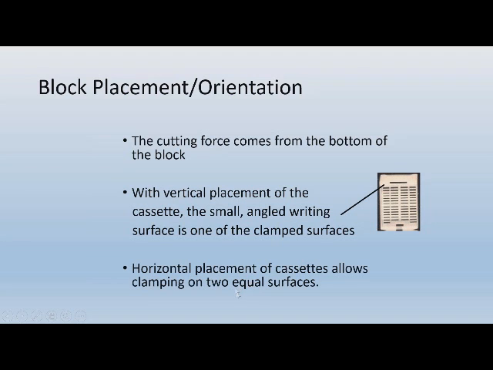When these things were invented by the vendors, they were meant to go in with the written side either right or left, and two equal clamping surfaces. I have done this a million times. You will continue to do it a million times, but fact says that this is the way you should present the cassette to your block holder.